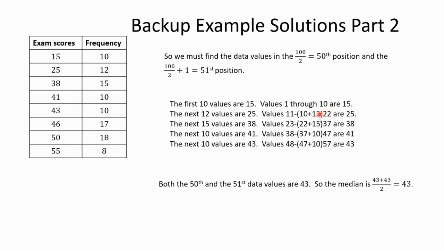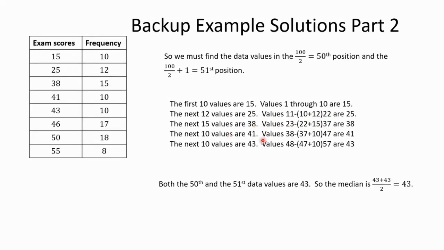Notice how I got data values from 11 to 22. I have to add 12 to 10, as you can see. The next 15 data values, so data values from 23 up to and including 22 plus 15, which is 37, those are all equal to 38.